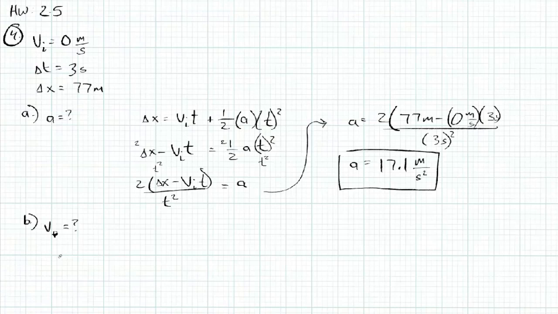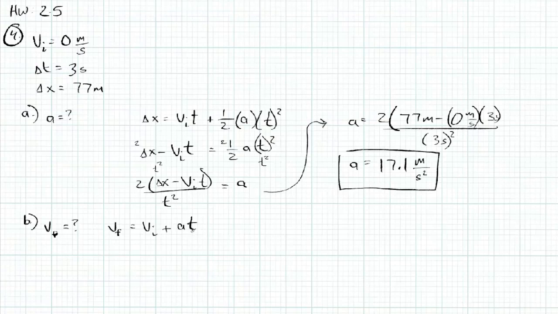Our first derived equation should work nicely. Actually, we could use a number of equations, but I'm going to use our first one, which is VF, our final velocity, is equal to initial velocity plus acceleration times time.